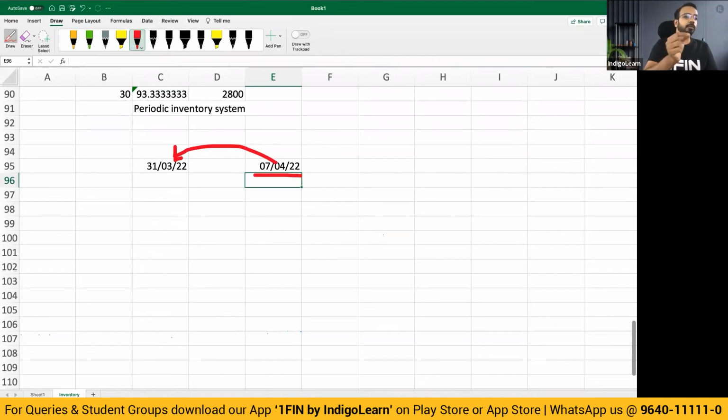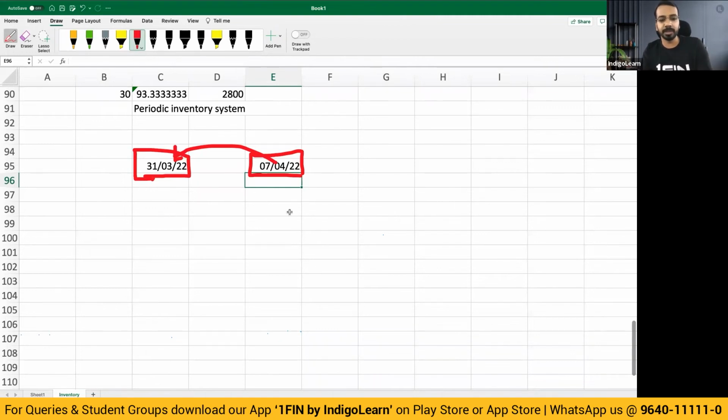The type of questions asked in the examination on this adjustment is: boss, we have taken inventory on 7th of April. Between 1st of April and 7th of April, we sold so much of an item, purchased so much, so much sales return happened, and so on. You let us know what the inventory is on 31st of March.